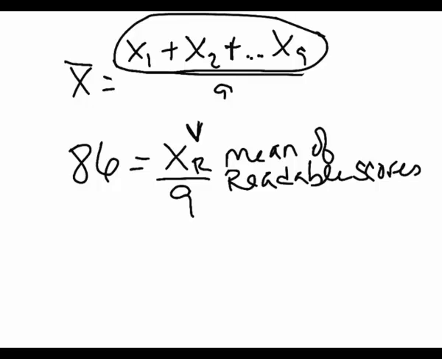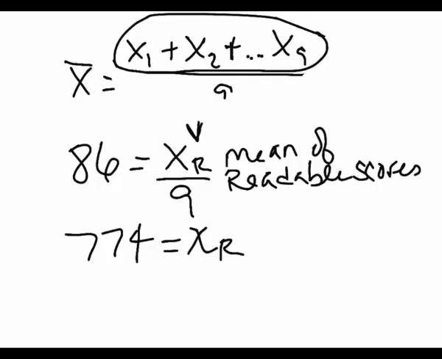To get XR completely by itself, we're going to have to multiply by 9. I have no idea what 86 times 9 is. Let me check. 86 times 9 is 774. So I have 774 equals XR.